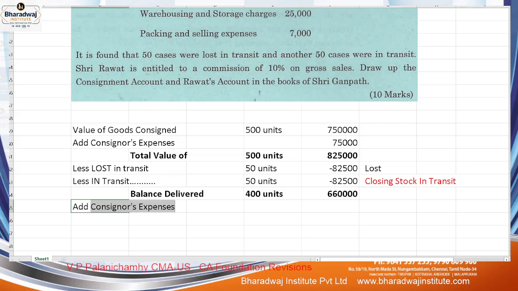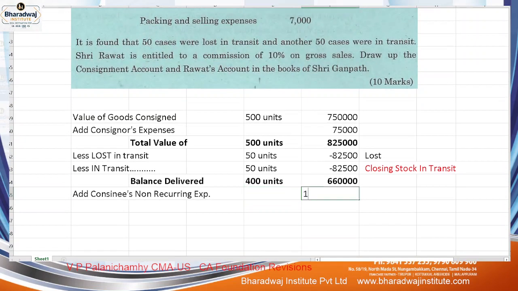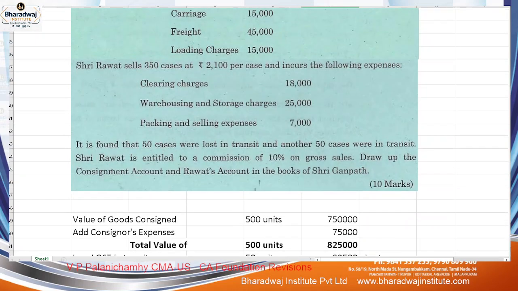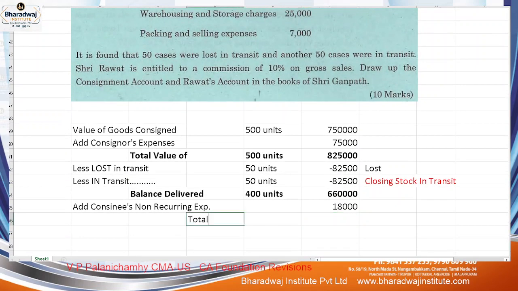Then add consignee's non-recurring expenses. What are the consignee's non-recurring expenses? In the clearing charges alone, how much? 18,000. Only these clearing charges will be added. How many sold out?